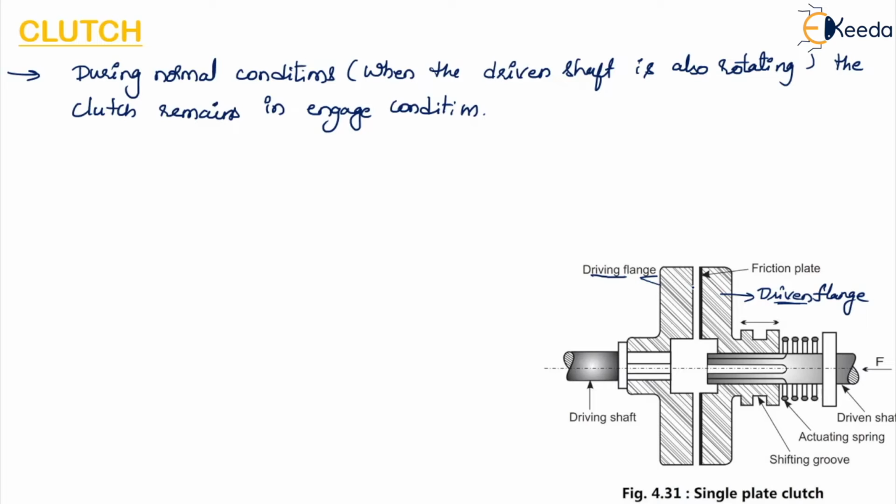So the torque is transmitted by means of the friction force between the two plates. When these plates of the flanges, so here there is a friction plate, come in contact with each other, then the torque is transmitted by means of the friction force between these two plates.